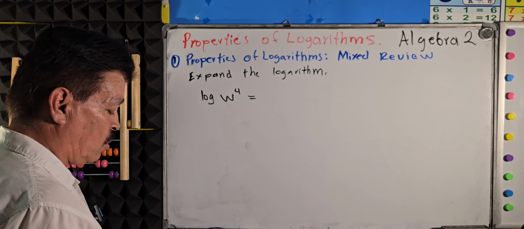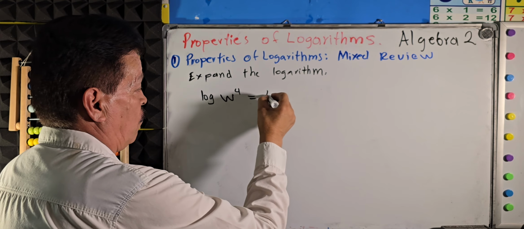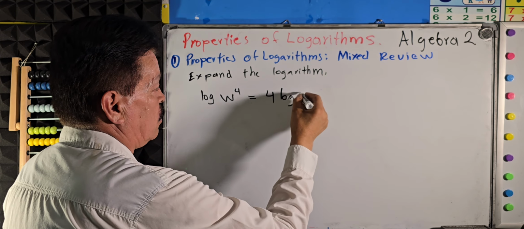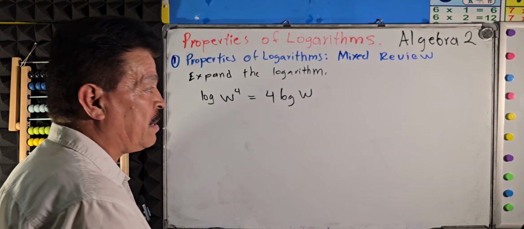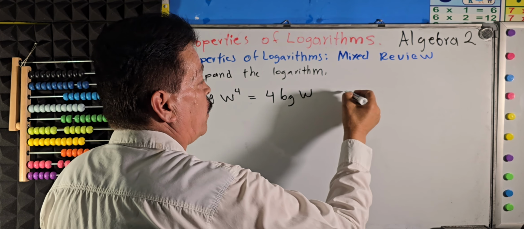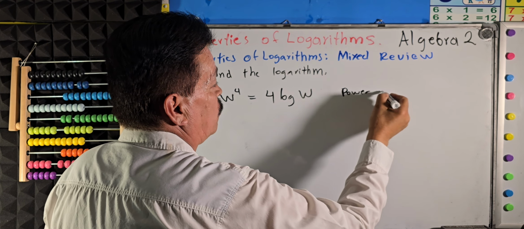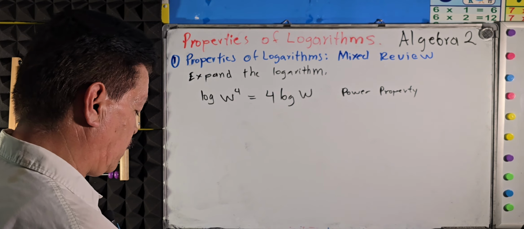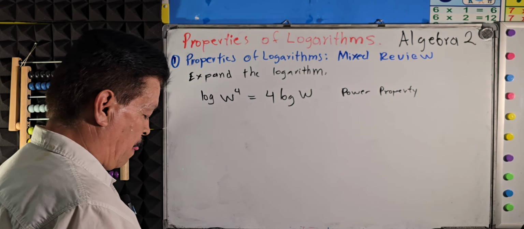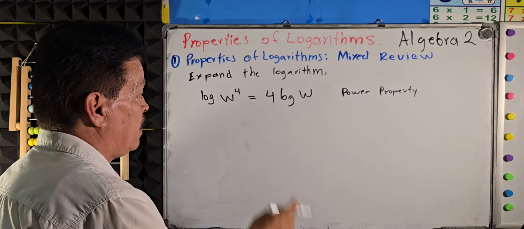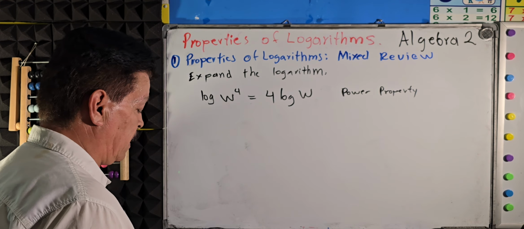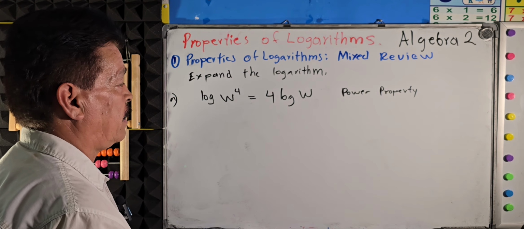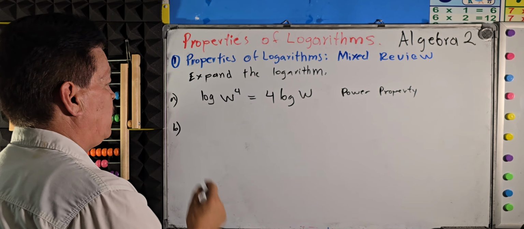This will be equal to, remember the rule, 4 log w. So we are using the power property, right? This is the first step. I think this was our first problem. Very easy.